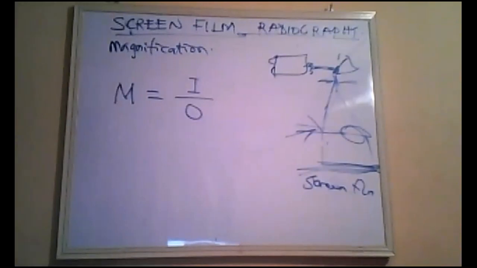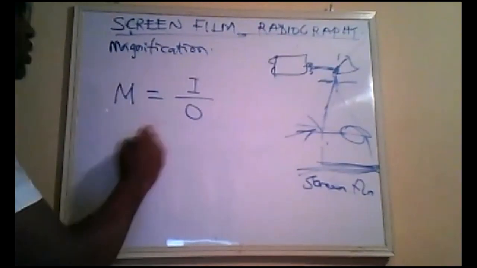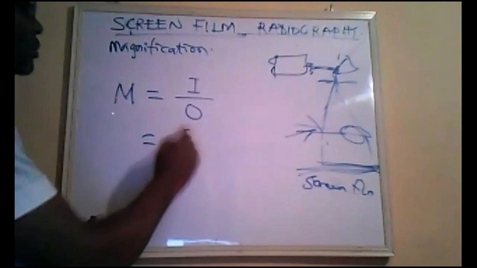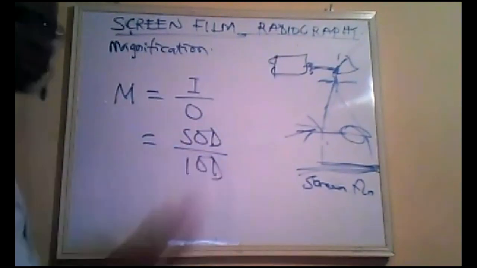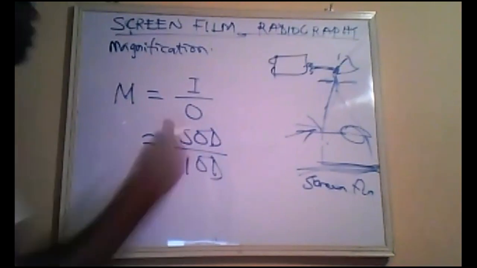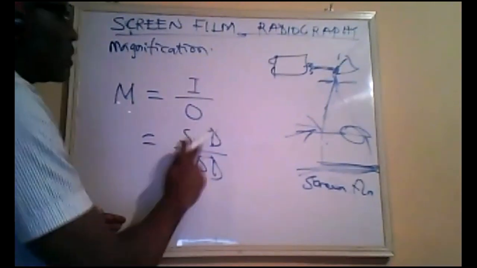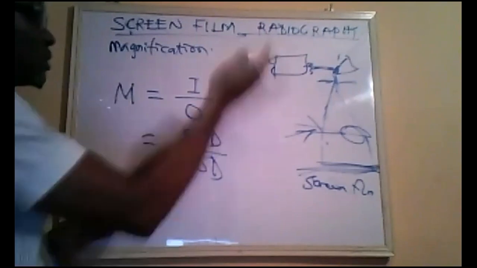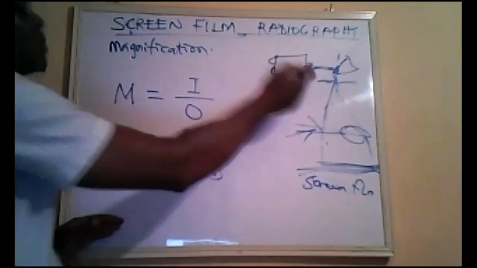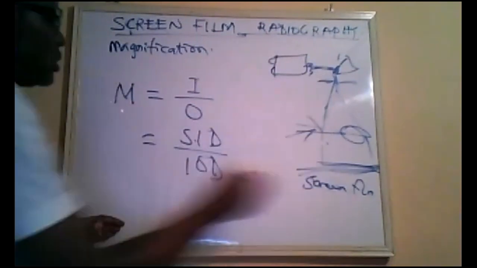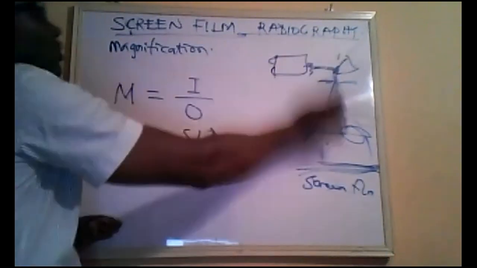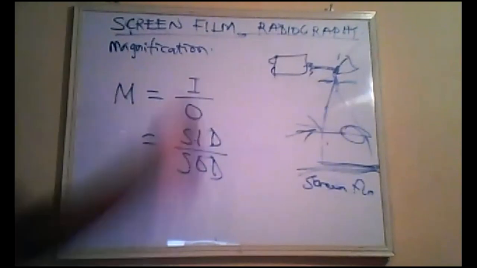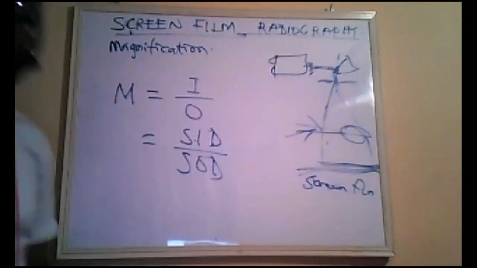So for our purpose here, magnification is just the source to image distance over the source to object distance. So our magnification is SID over SOD.